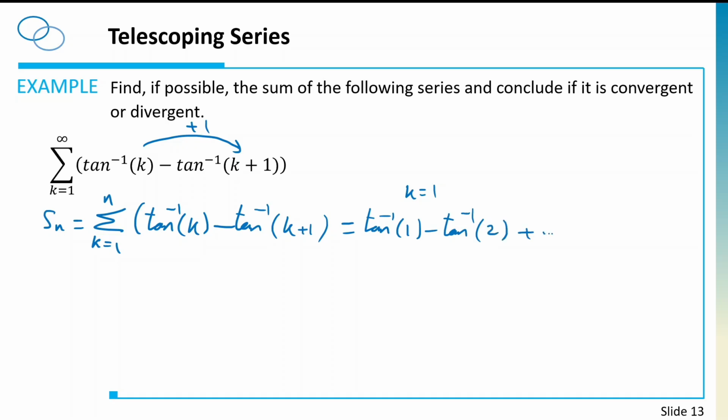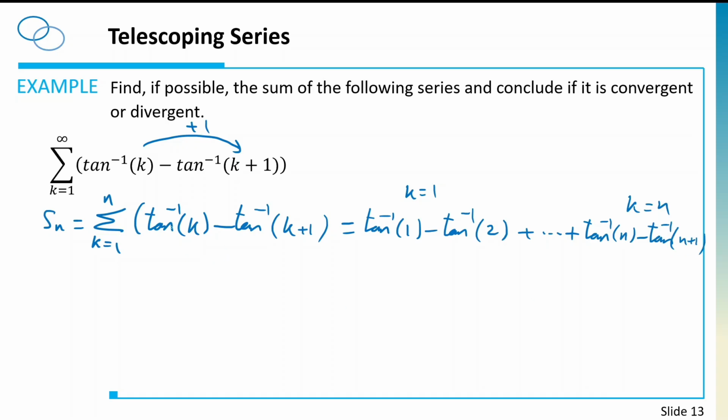And then you take the last term. You see, I have to add the 3 dots. There's a lot of terms in between. K equals n. So it's tan inverse n minus tan inverse n plus 1. Let me just make it more clear. So I'll have tan inverse n minus tan inverse n plus 1.